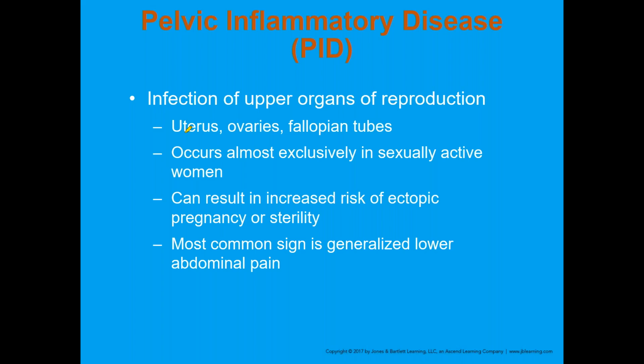Generally, this is a patient who's complaining of a general lower abdominal pain. All of these things are pretty much right in the same neighborhood. So our patient's not going to have really hugely specific complaints.